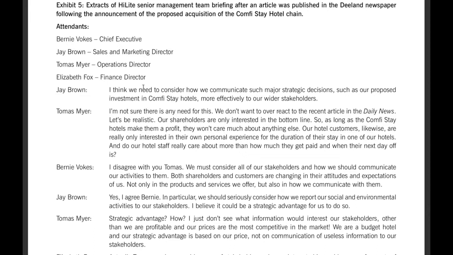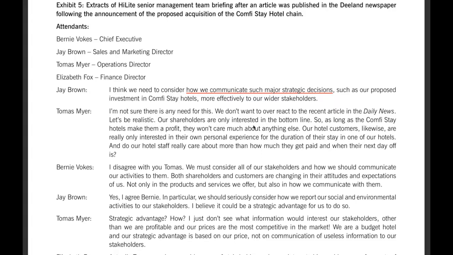So let's go back to this. Jay Brown, these are the people inside there: the sales marketing operation director, the chief executive, the finance director, all there. They were thinking of how we can communicate the major strategic decisions, such as our proposed investment in Capistay Hotel.